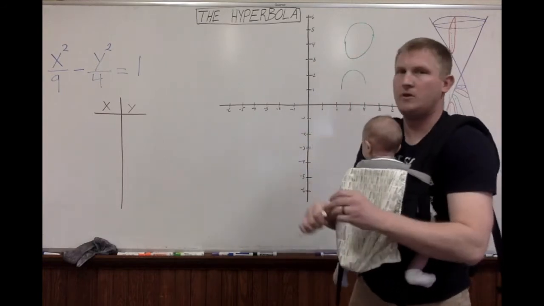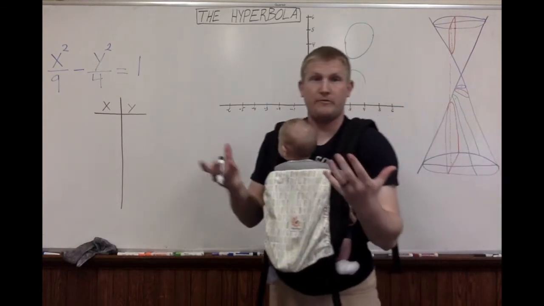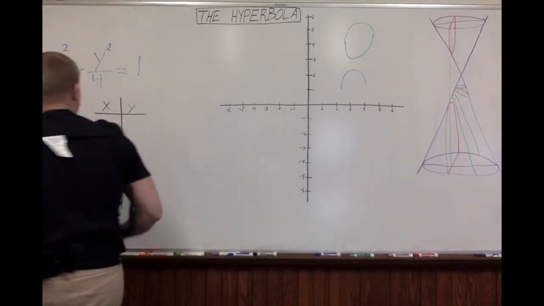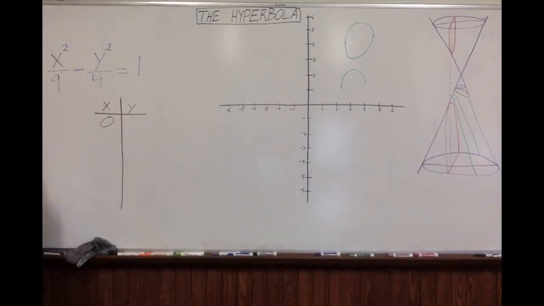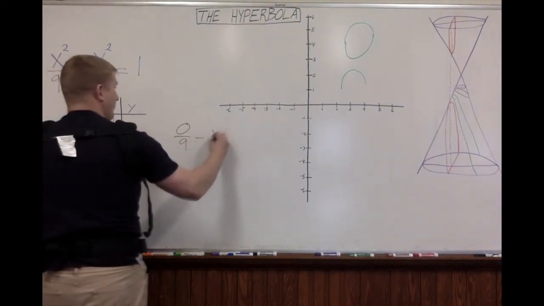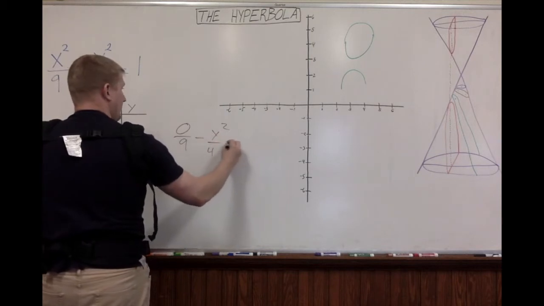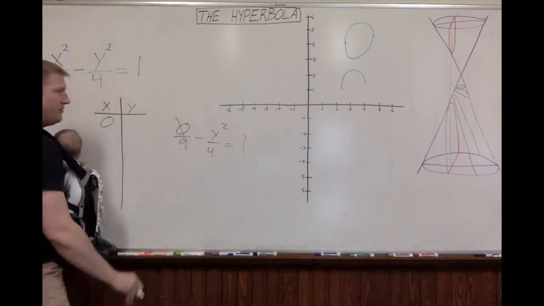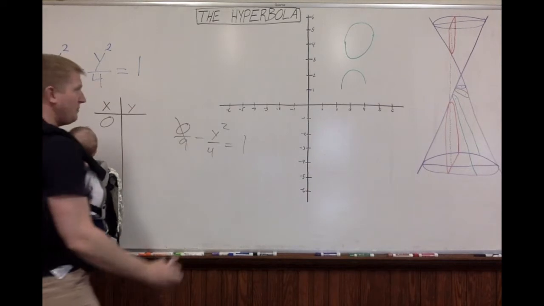At first, let's start with our favorite number to plug in, that of 0 for x. All right, so if we put in 0 for x, we're going to end up with 0 over 9 minus y squared over 4 is equal to 1. This is all just going to be 0. Multiply both sides by 4.